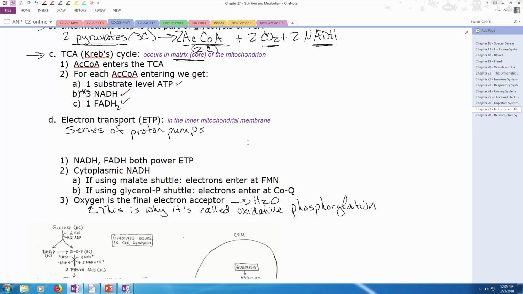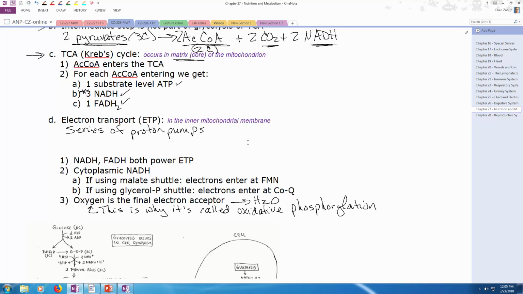Fuel or ATP, right? We've always in the past used ATP to fuel our pumps because we use pumps to go against a concentration gradient. So we are going to pump protons against their concentration gradient, from low to high, and we need energy to do that. In the past we've used ATP, but our goal here is to make ATP.